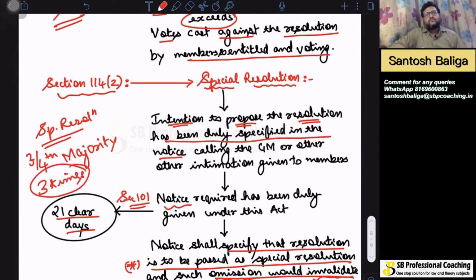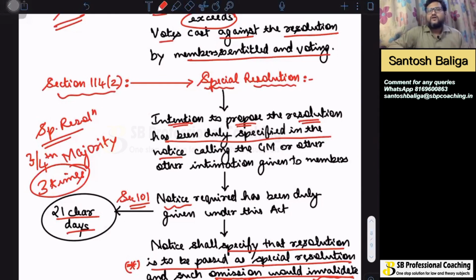If these conditions are met and the provision of section 114 is met, then you would say that the resolution is passed, and that resolution which has been passed will be the decision of the meeting, the decision of the company, and has to be legally adhered to by the company. I hope this is clear. And once such resolution is passed, it will be binding across the company. Even if a shareholder has voted against the resolution, still it will be binding upon him.